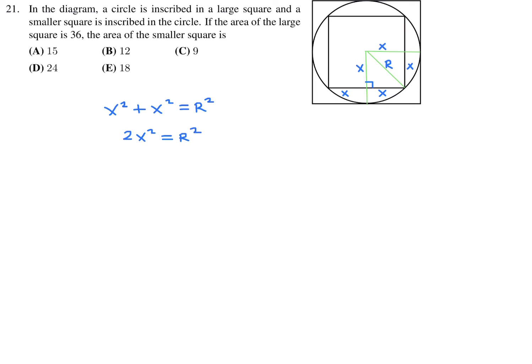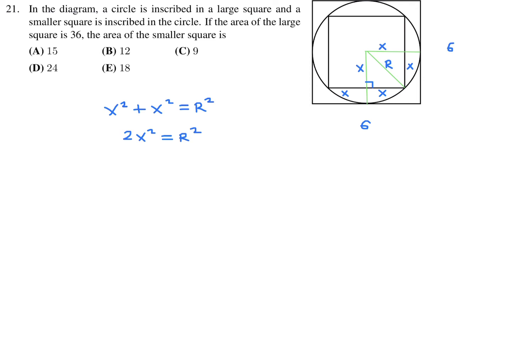Now they give a very important clue in the question that the area of the large square is 36. If the area of the large square is 36, that means that this side is 6. That's the only way you can get the square to have an area of 36. And that means this side is 6, the large square.